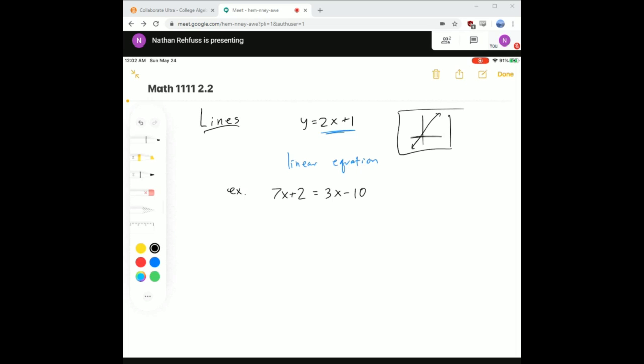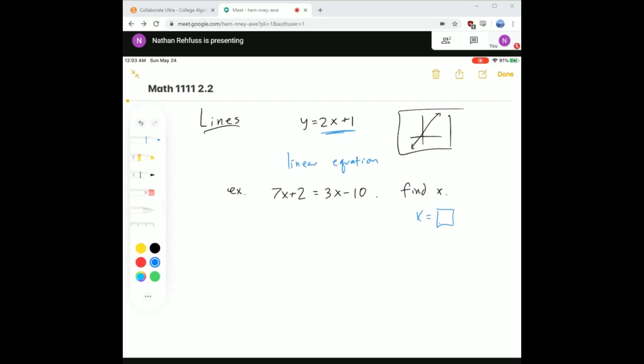There's only one value of x that's going to make this true, and our goal is to find x. So we need to manipulate this somehow to get the value of x. I want a statement like x equals something, a number.